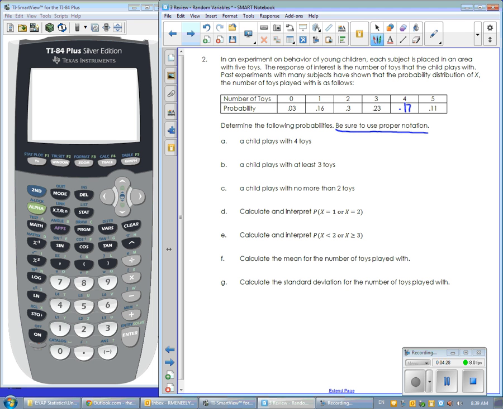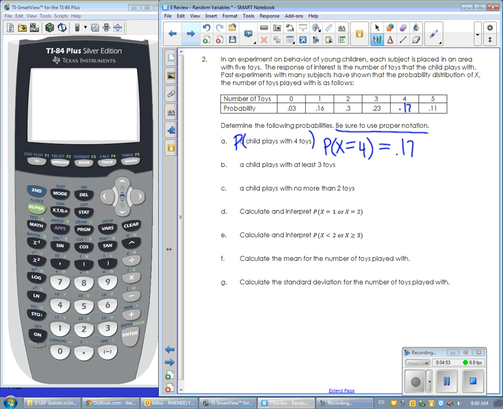And now that we've moved on to using random variables, it's going to be important that you use the numeric notation. So instead of writing it like this, child plays with 4 toys, we actually want to quantify that in terms of our x variable. Since we've defined the variable x, we would say the probability that x equals 4 is 0.17.